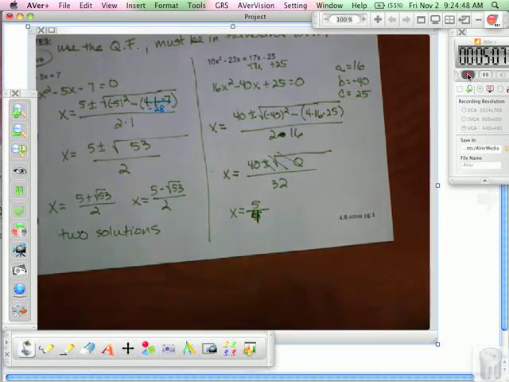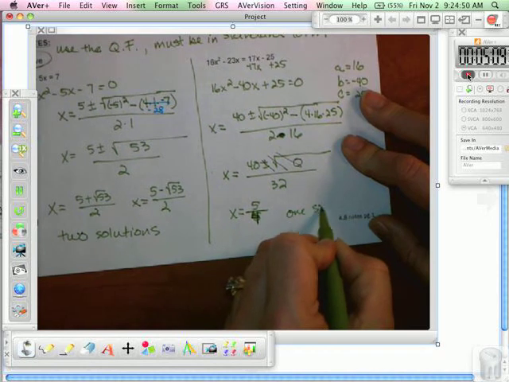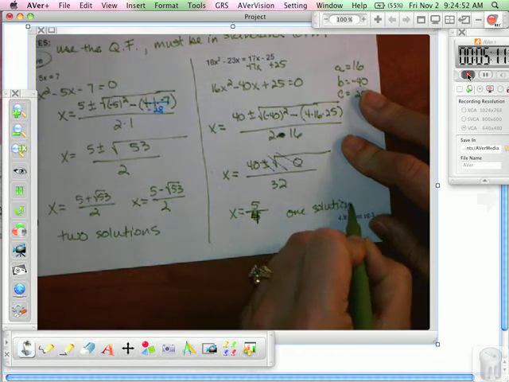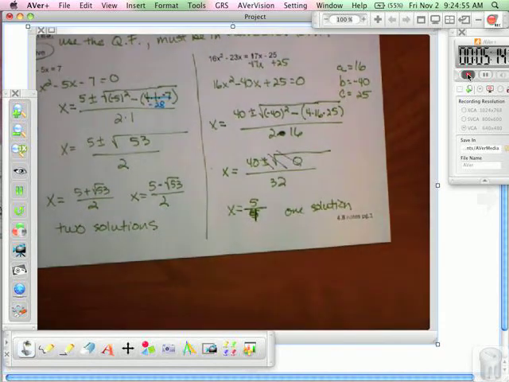So that means I only have one solution, which means, how many times does it hit the x-axis? Once at the vertex. Okay? So it only has one solution.